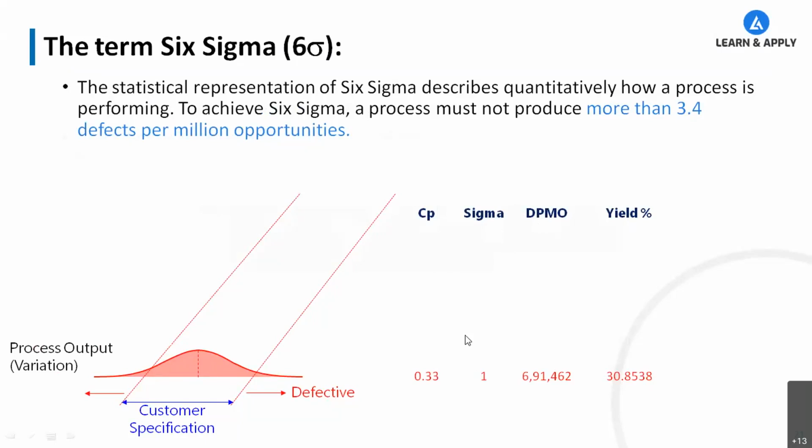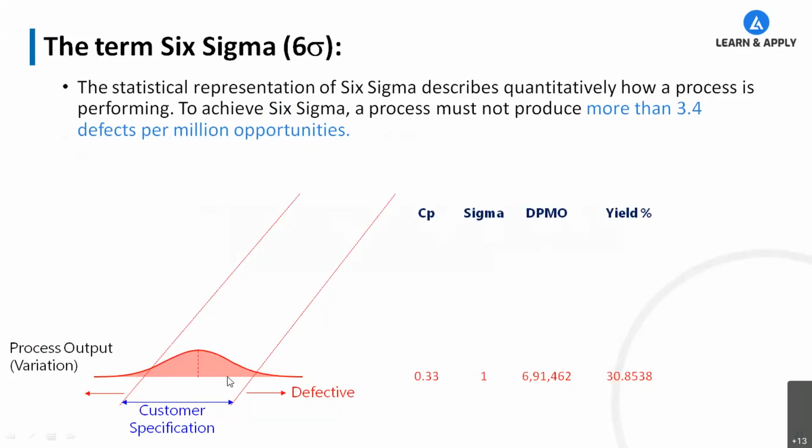For 1 sigma level, how many defects, DPMO, will there be? There will be 6,91,462 defects for 1 million opportunities, meaning for 10 lakhs there are almost 7 lakh defects. And the corresponding yield is around 30%, meaning around 30% of products are right.